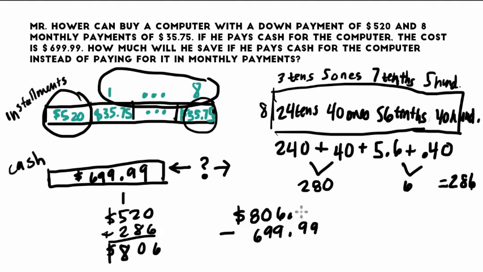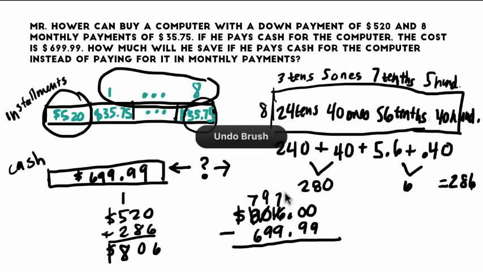Well, 806 is the same as 800 and 6. If we break this down like that, we can then borrow. 7, 9, 16, 17. Oops, not 16. It's 15. That's 10. Becomes 9. So it's 1, 0.